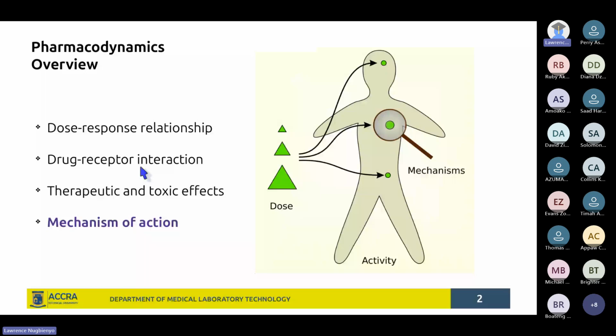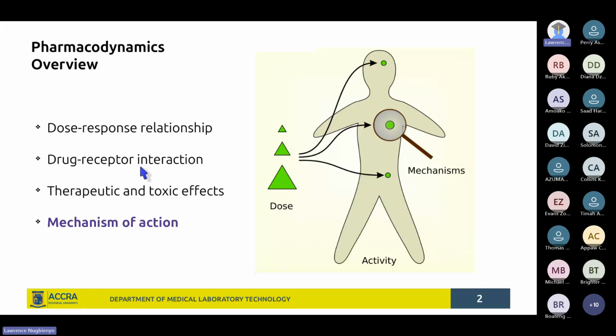So for therapeutic and toxic effects, there's really not much to say about it. But as we go along, when we are discussing some of these things, things of that sort may come up.